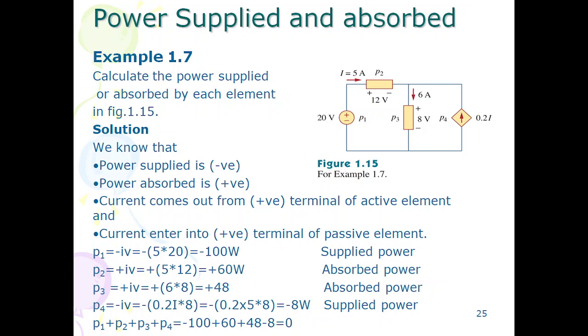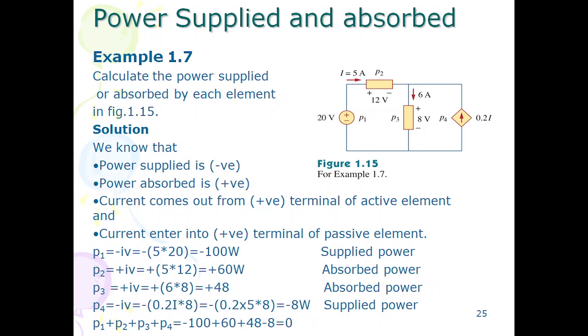Value of current is 5, value of voltage is 20. Minus 5 into 20 is equal to minus 100 watt. Now P2 is a passive element. Current is entering the positive terminal, and power absorbed is equal to positive 5 into 12 is equal to plus 60 watt.